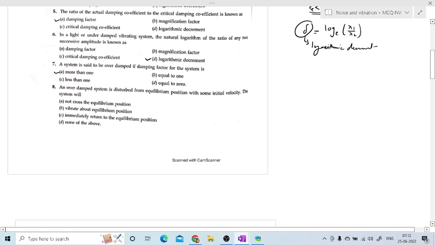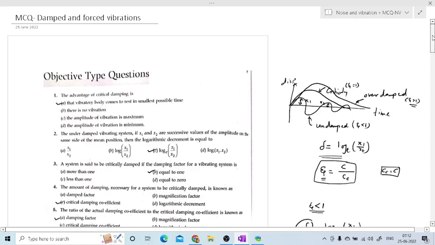Now next, just read out statement 8. An overdamped system is disturbed from the equilibrium position with some initial velocity. The system will, now again we'll go here, see, here I have displaced this system with overdamped. We have to consider this third graph.